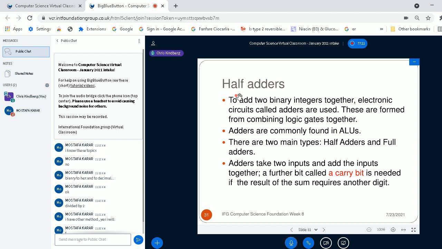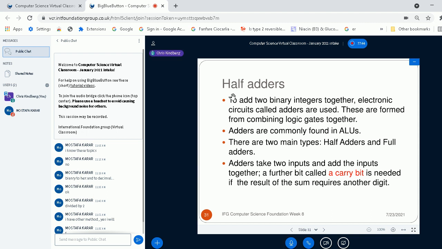In the case of a full adder, the adder actually takes into account a carry bit that is passed to it, and it will generate its own carry bit if necessary. That carry bit will be connected to the next half or full adder as appropriate.